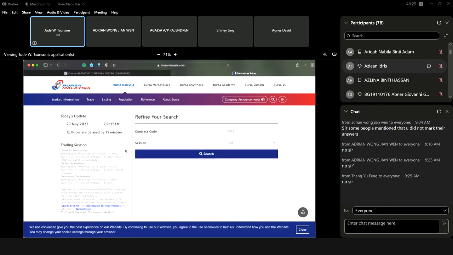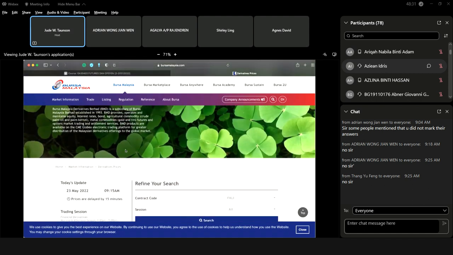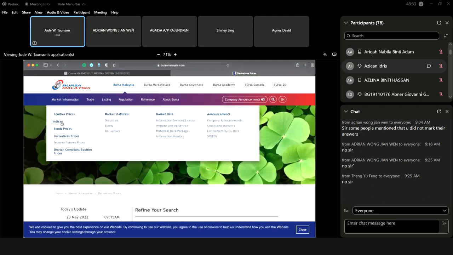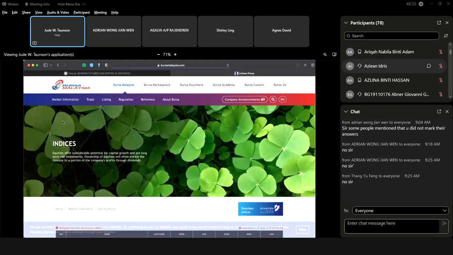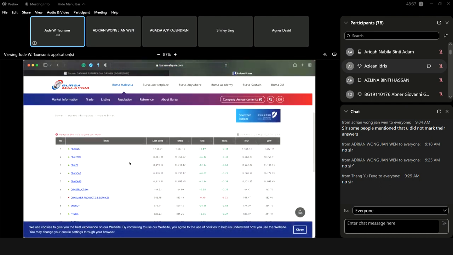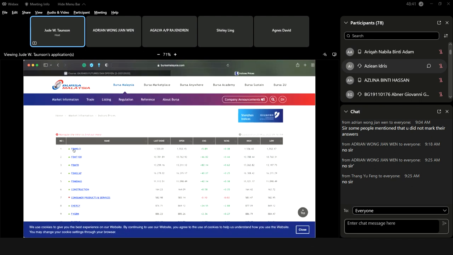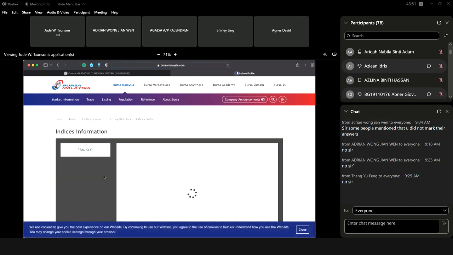Let us look at indices. This one is the underlying. We take the last done, open, change, percentage change, high, low. Okay, this is today's price.